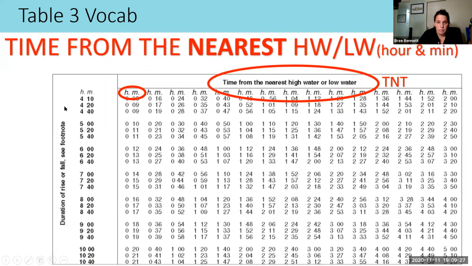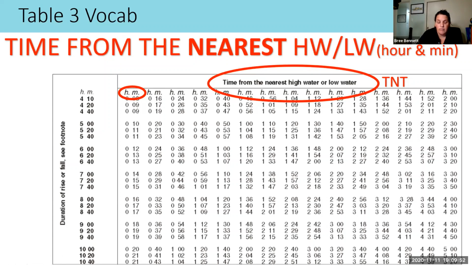I want to go to an example here. Let's just make one up. Let's say our duration was 6 hours. We had a high water at 6 and a low water at noon, and I wanted to know what was happening at 8 o'clock. So that's 2 hours from the high water.